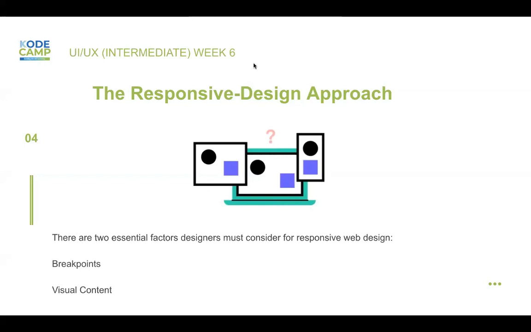Now, the different types of breakpoints: we have desktop large screens, small screens, mobile screens, and extra large. The different sizes of screen are not something I need to start talking about in class. On Canva, on Figma, you would always see it. Once you get to Figma, you get to see the different breakpoints, the different screen sizes.